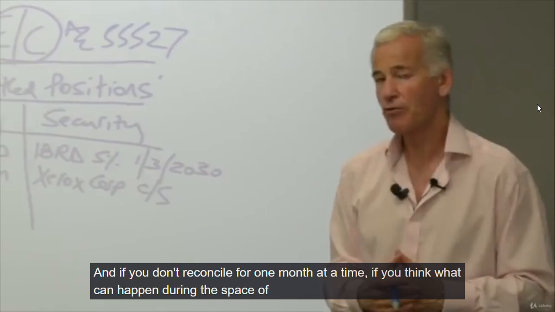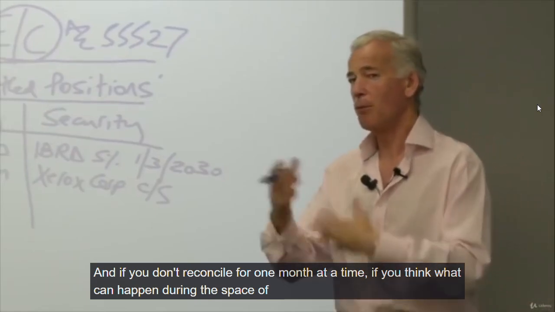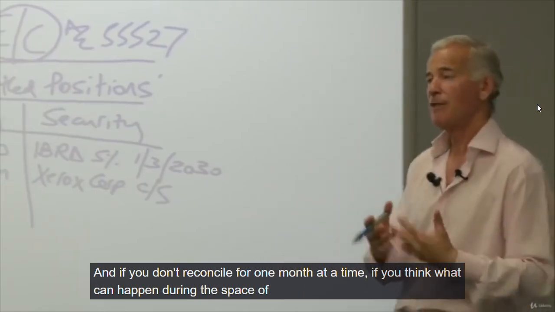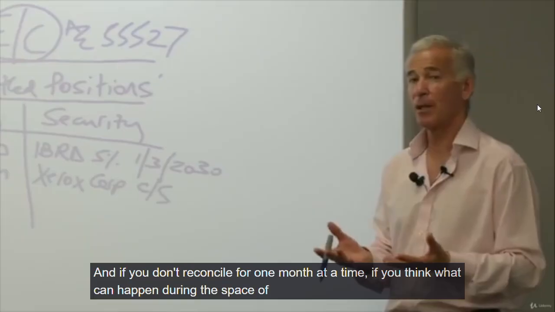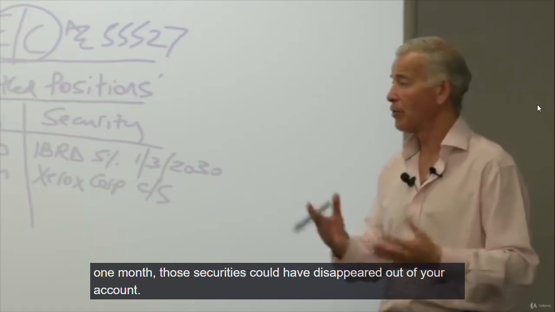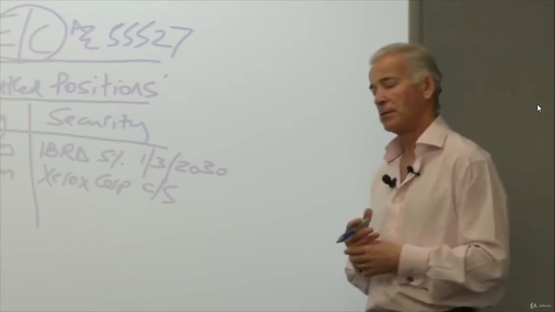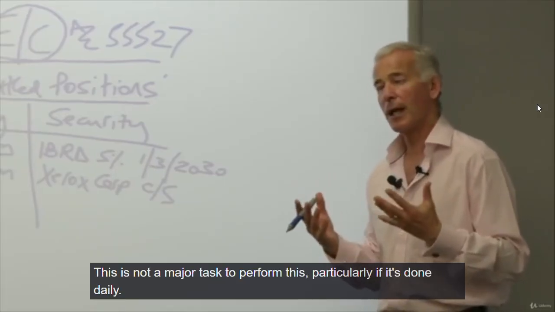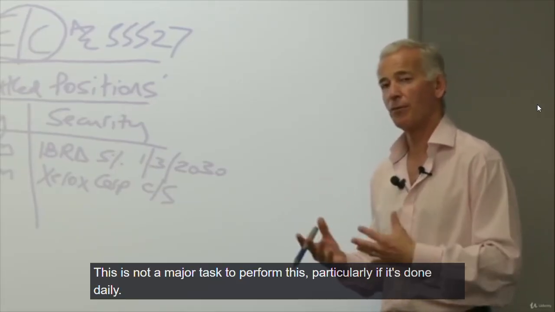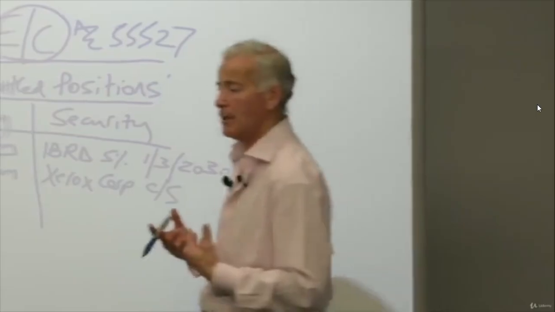If you don't reconcile for 1 month at a time, if you think what could happen during the space of 1 month, those securities could have disappeared out of your account. This is not a major task to perform, particularly if it's done daily.